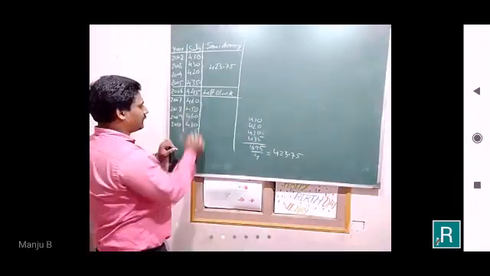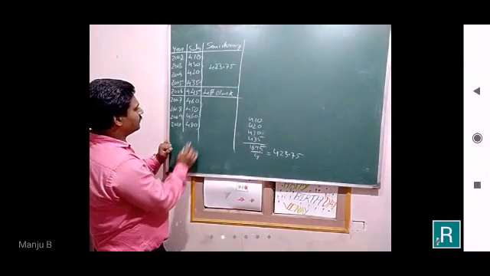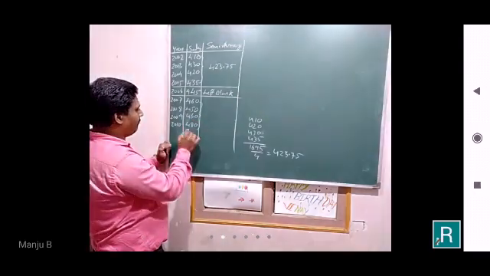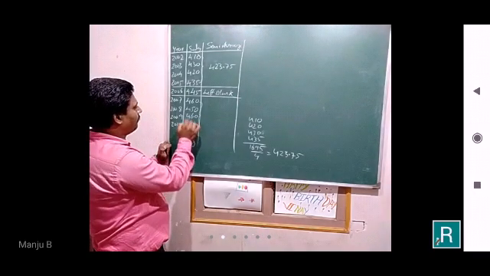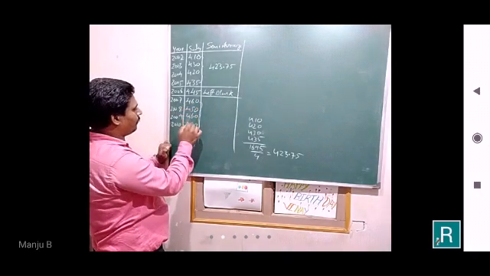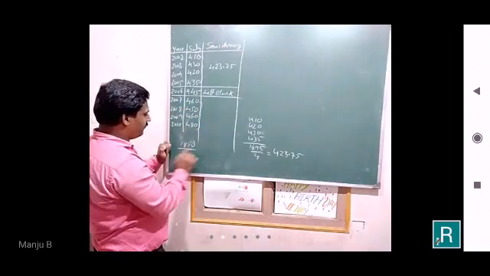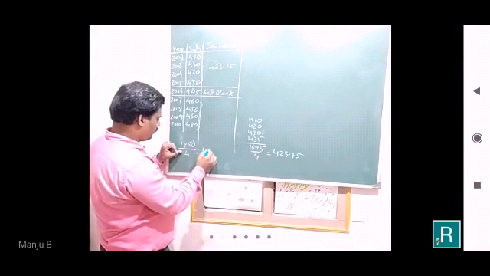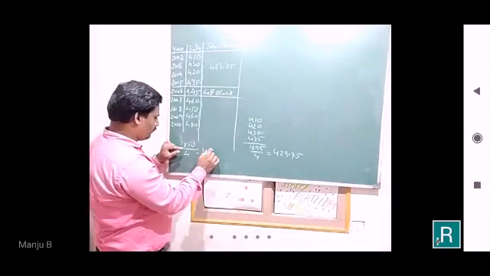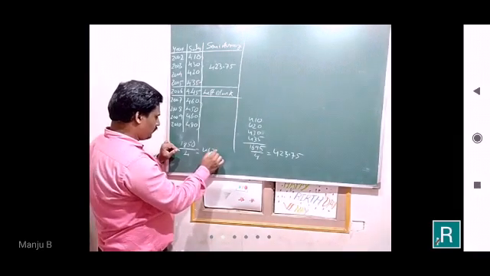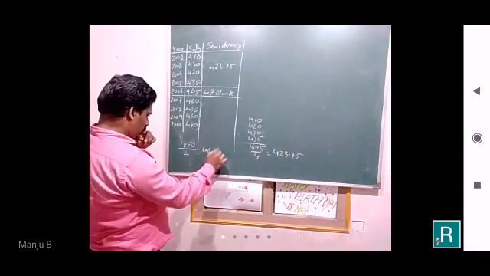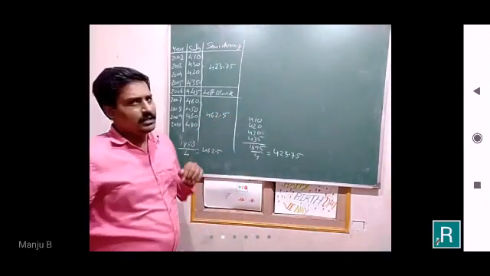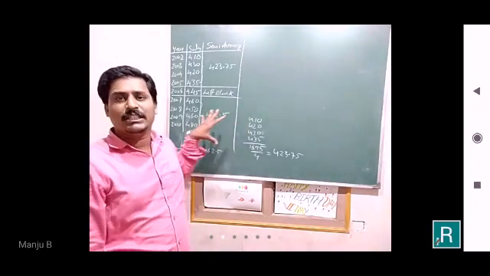Next, the total is 1850, divided by 4. 462.5 is the average for the next 4 years.